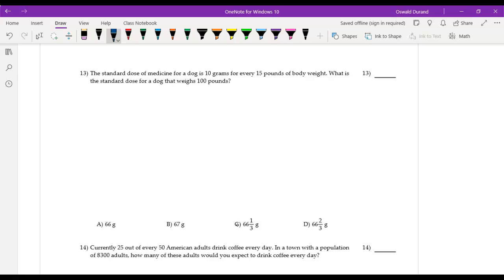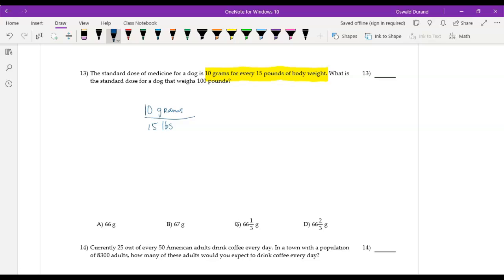Okay, so you use proportion. You have a set of information already, which is 10 grams for every 15 pounds of body weight. So you put it as a ratio, right? So 10 grams over 15 pounds of body weight.